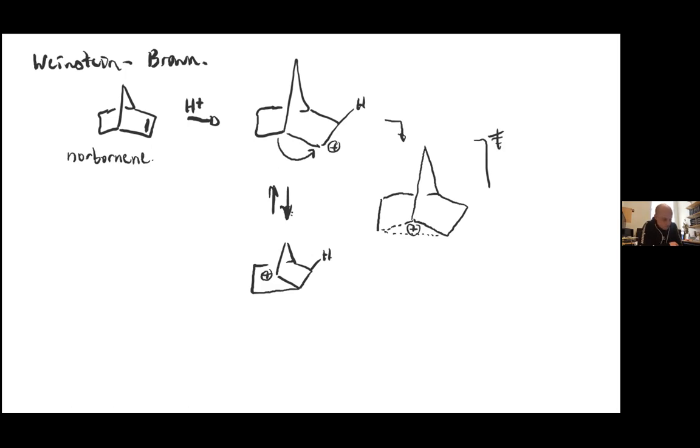So you need to constantly be on the lookout for these things. They're common enough that rearrangements are often diagnostic of mechanisms. If you get a product with some weird rearranged skeleton, the first guess is usually that we're probably making a carbocation somewhere, because that's typically the way these things happen.